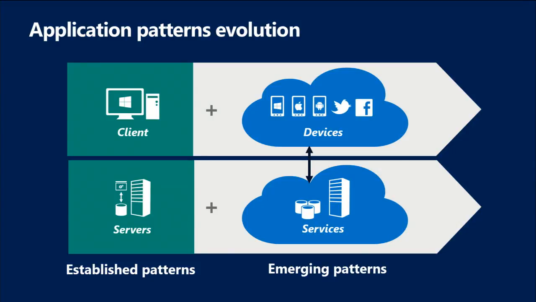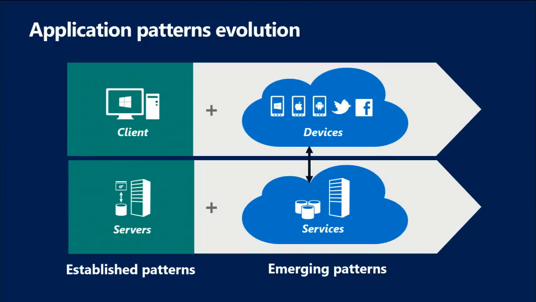So in the client, we're moving from PCs, whether it is a desktop application or WPF or WinForms, or even a web application for the PC, to any kind of device and mobile devices. And in the server, we are moving from regular servers on premises to elastic services in the cloud. That's what we call emerging patterns in both areas, right?